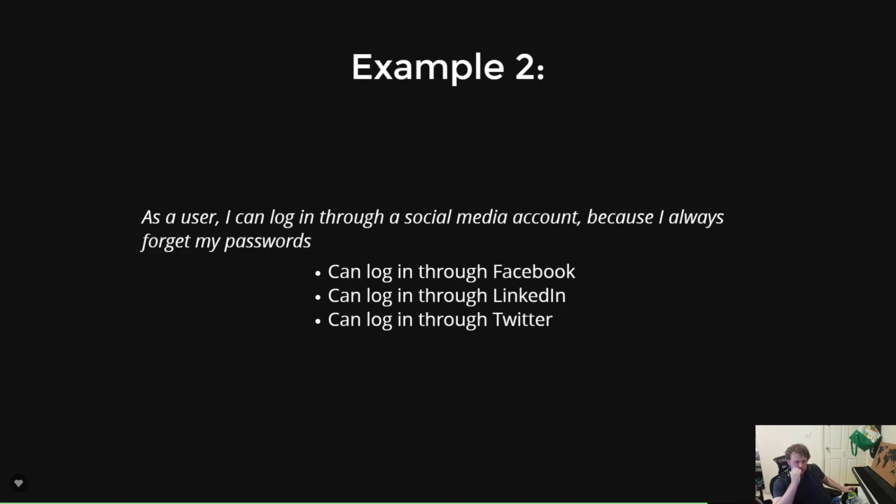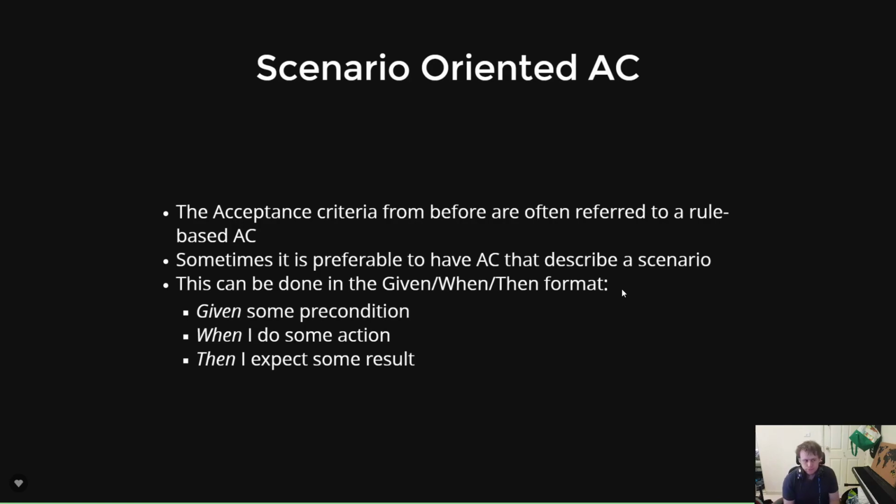Another way to write acceptance criteria. The way we've written it here is just a series of dot points generally. But another way is what we call behavior or scenario-oriented acceptance criteria. I call this behavior because you're describing someone's behavior. Rather than just a list of dot points, you're a bit more structured, and you say, given a precondition, when something happens, then this result occurs.